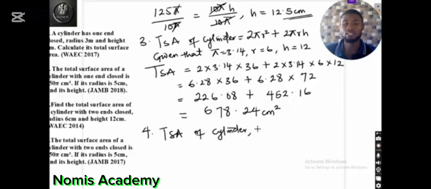So where we know that this is equal to 250 pi, the radius is 5 centimeter, and we have to calculate the height as the question is asking.